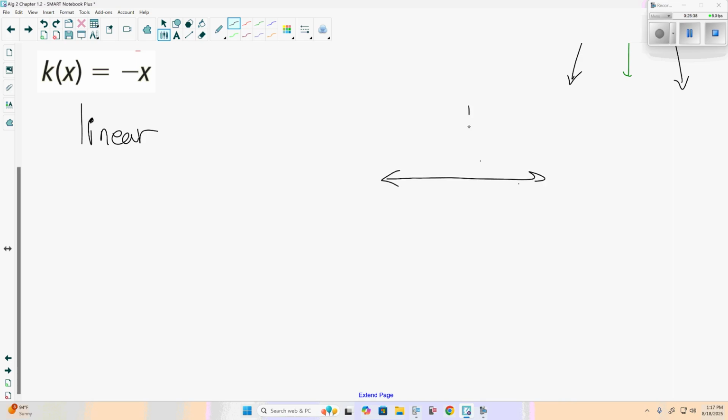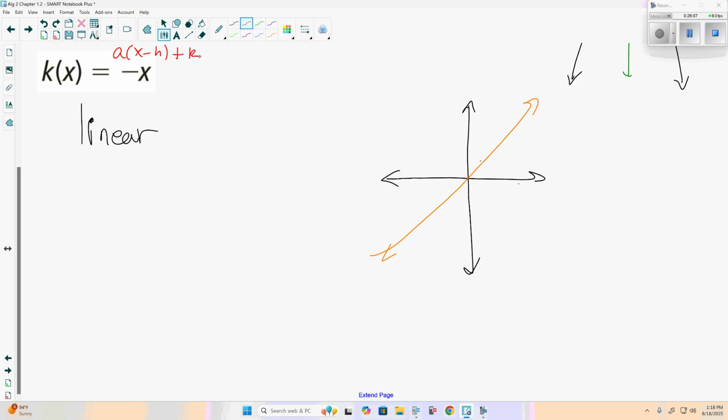I'll go on, since I've been giving rough graphs of these all day, might as well give another one. There is no h, there's no number added or subtracted to x inside the parentheses. There are no parentheses. There's no number added or subtracted to it, so that's telling us it's not moving up, down, left, or right.